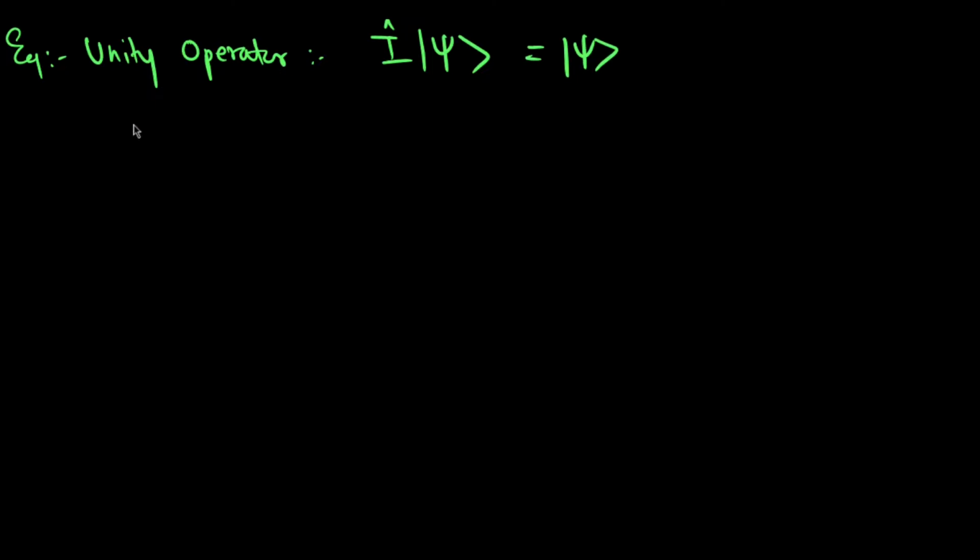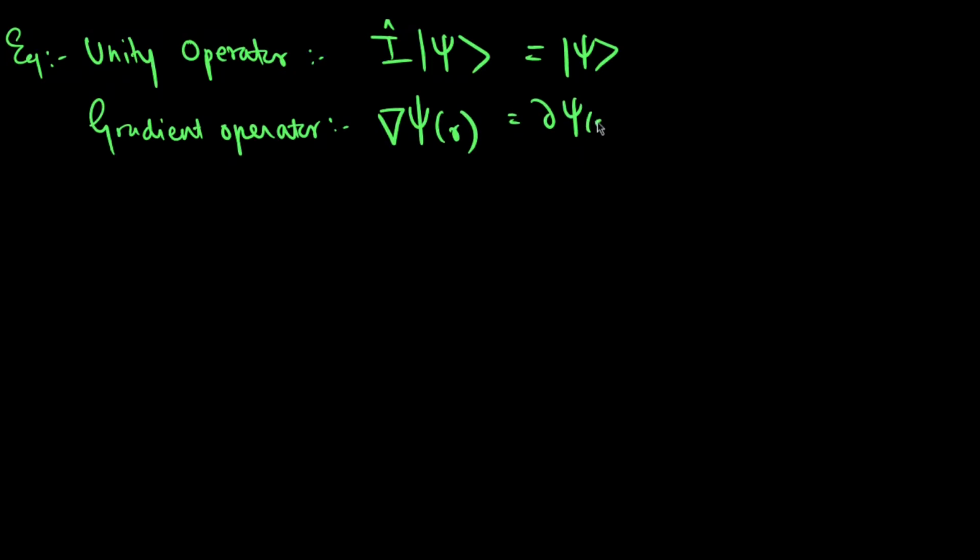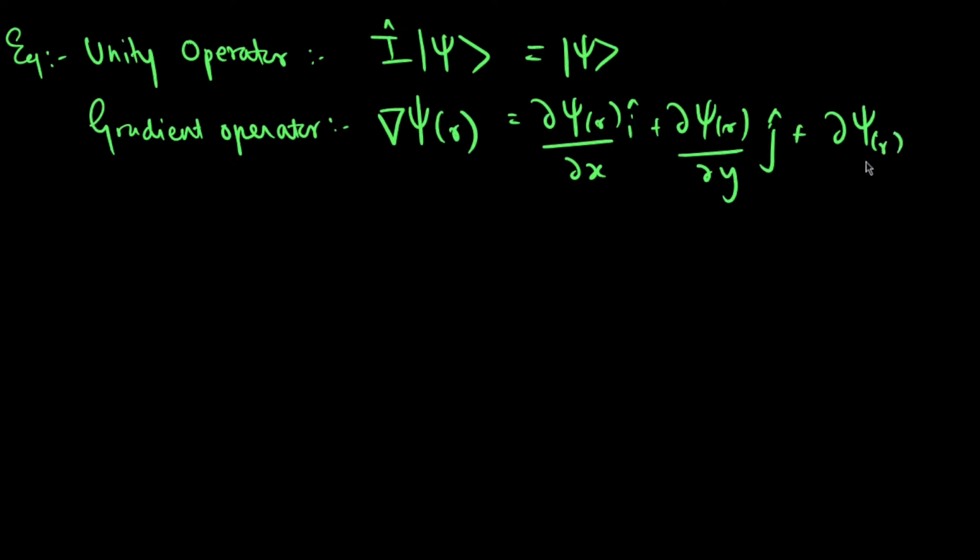Another example of an operator is the gradient operator, that is del of psi r will give you dou psi r upon dou x i cap, dou psi r upon dou y j cap, dou psi r upon dou z k cap.